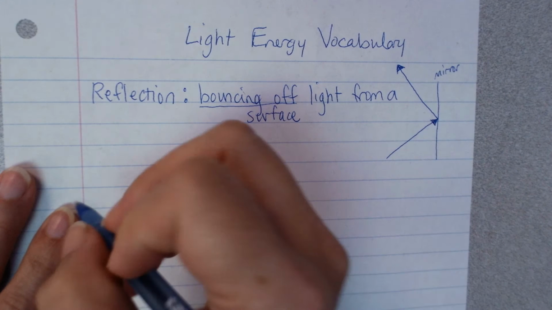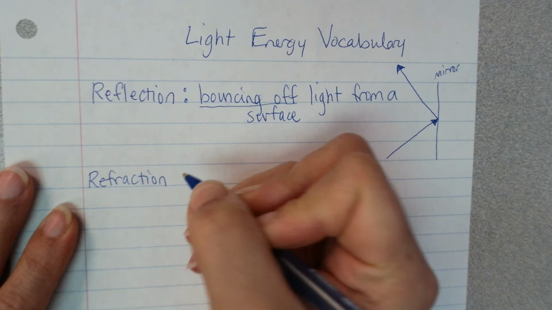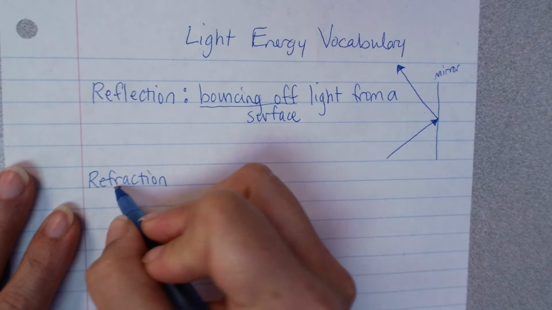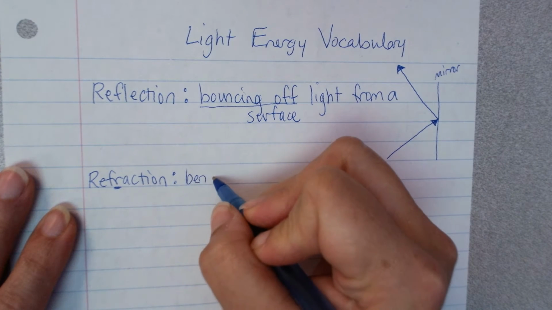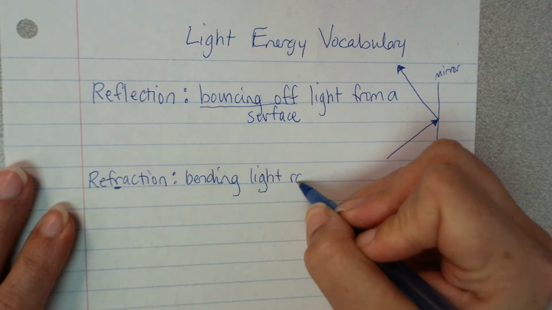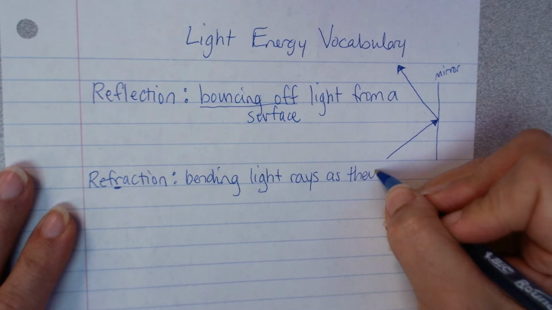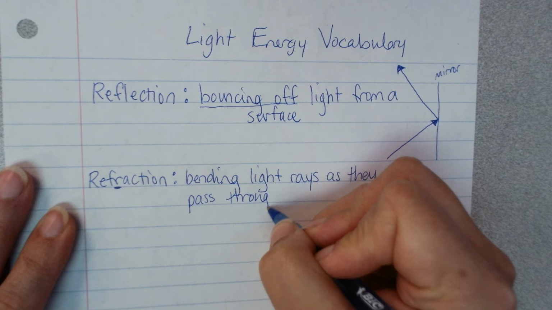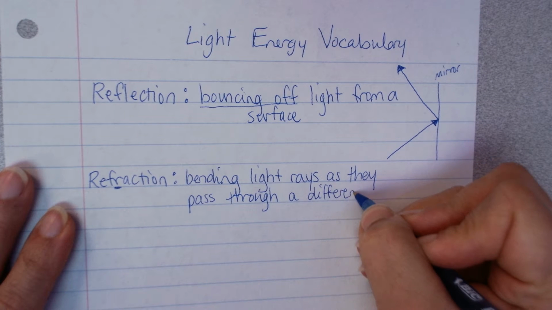The next word is refraction. It looks a lot like reflection. We just have a couple of letters that are different here. I want you to focus on this little letter R. Refraction is bending light rays as they pass through a different medium.